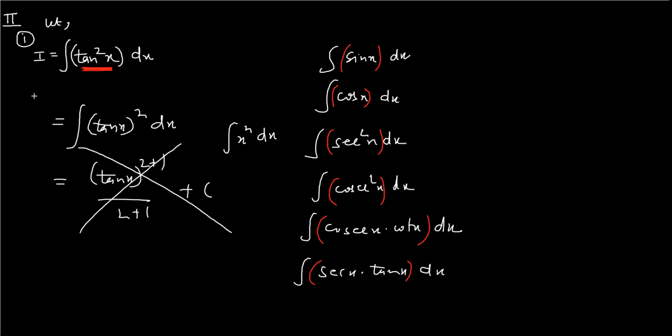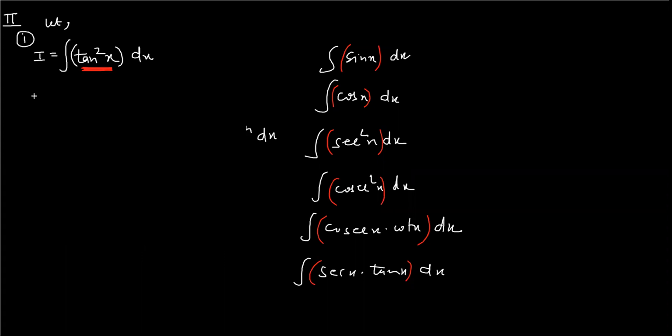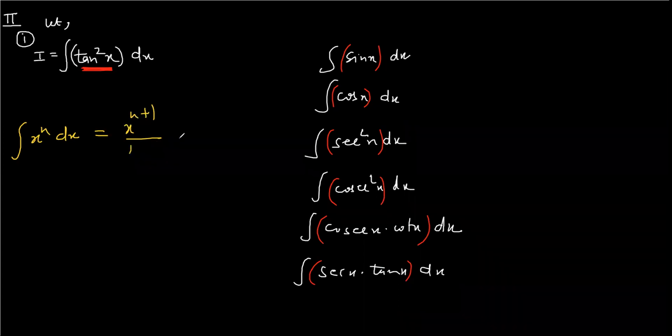Students, check this out. I'm writing something here. You all have to listen to it. When I write integration of x raised to n dx equals x raised to n plus 1 upon n plus 1 plus c, what is the function this side? The function here is variable raised to constant.